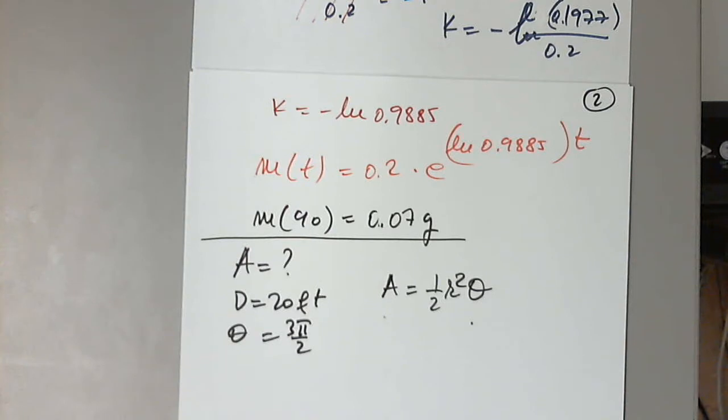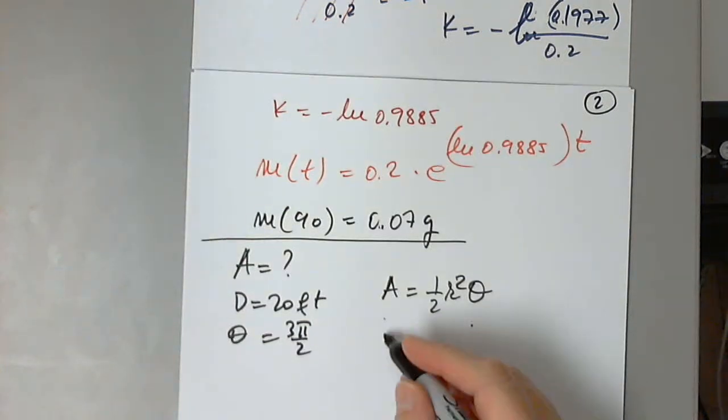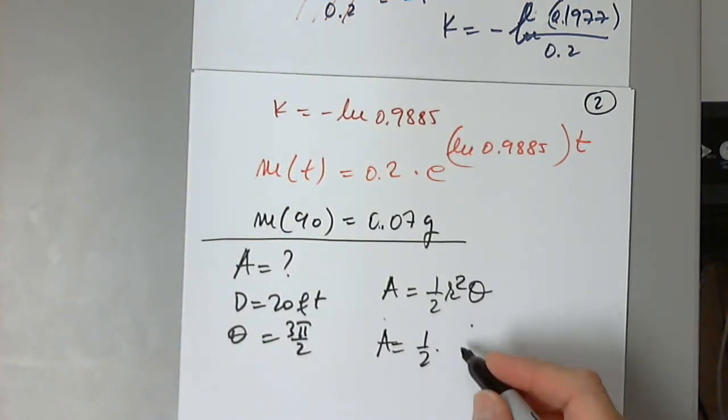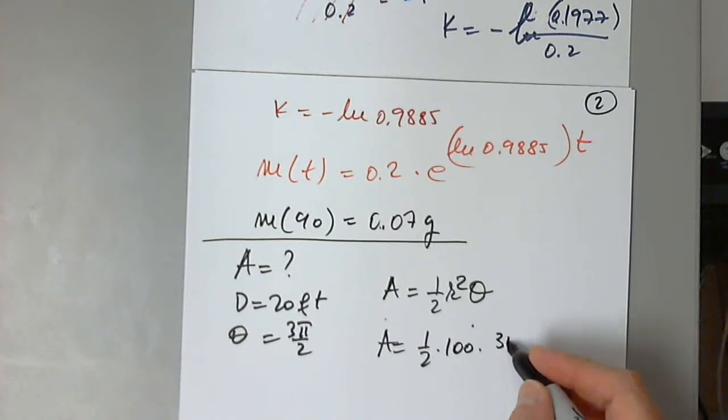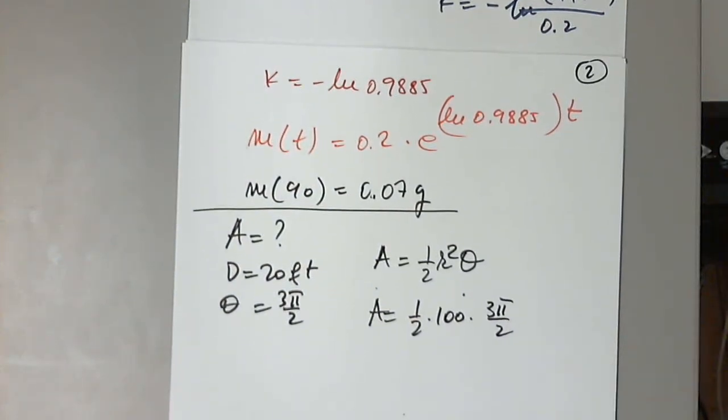Okay. What is the radius? The radius is 10. So the area then equals 1/2 times 10 squared times 3 pi over 2. Is that what you wrote? Yes. Now what did they say? Approximate this. Don't approximate. Exact.